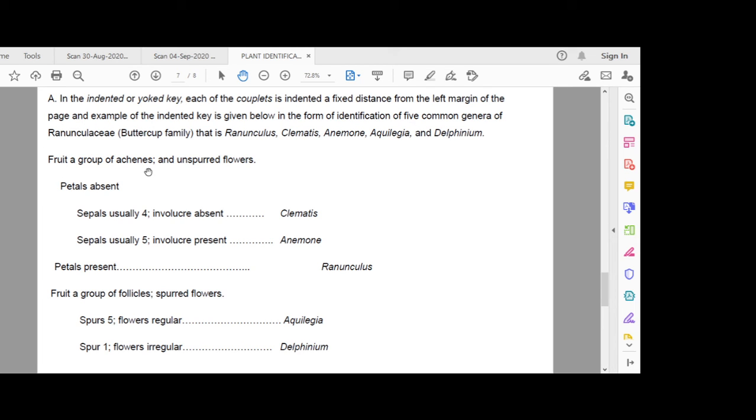Fruit, a group of achenes and unspurred flowers and petals present. Fruit, a group of follicles, spurred flowers. This is another lead of a couplet. Spurs 5, flowers regular, Aquilegia. Spur 1, flowers irregular, Delphinium. So this is the indented key or yoked key on the basis of which we can identify the genera.